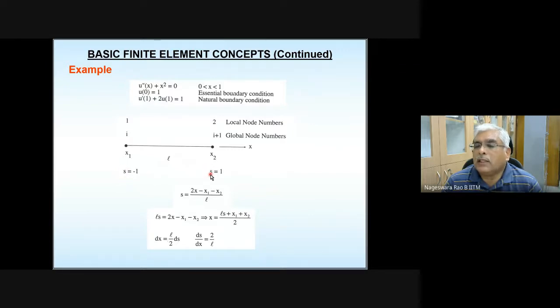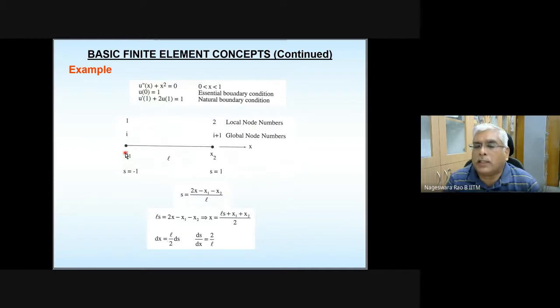It's the same point, the same position. Some point is there in space. The same point is referred to in the global coordinate system in one way and in the local coordinate system in a different way. The location is the same, but in the local coordinate system it is -1, and in the global coordinate system it is x1.